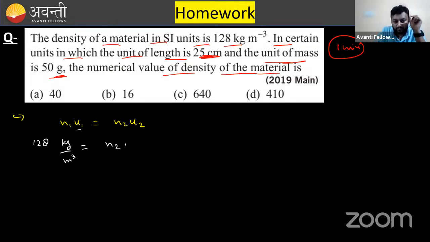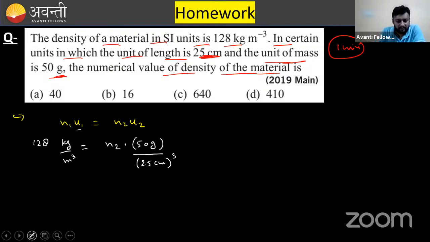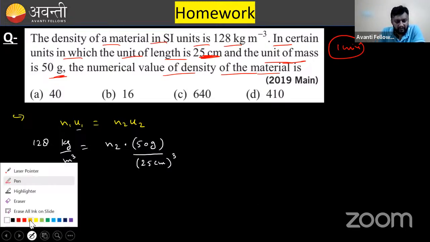So in case of mass, you should place 50 gram. Are you getting my point? The unit of length is 25 centimeter, but it is cubed, so you need to cube it. Clear?